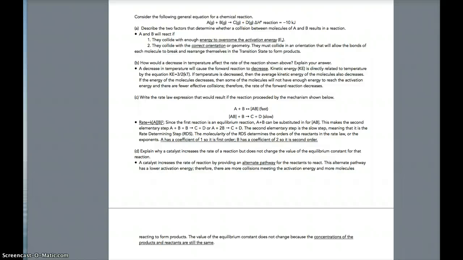Part C says, write the rate law expression that would result if the reaction proceeded by the mechanism below. So you can see that the second one that says AB plus B yields C plus D is the slow step.